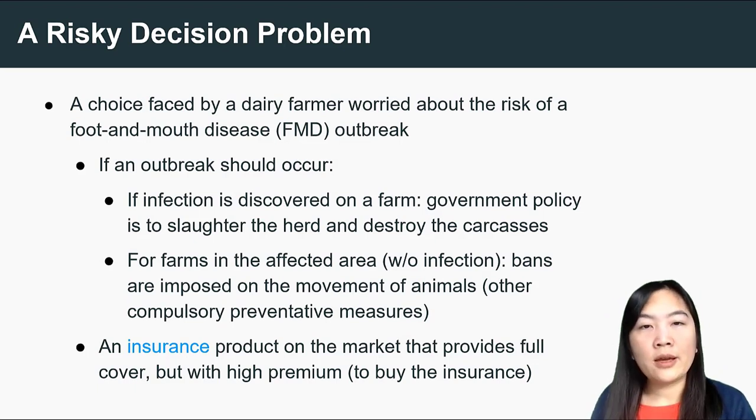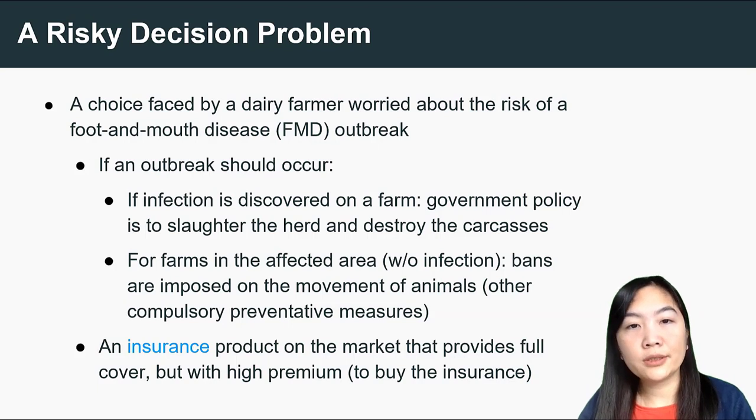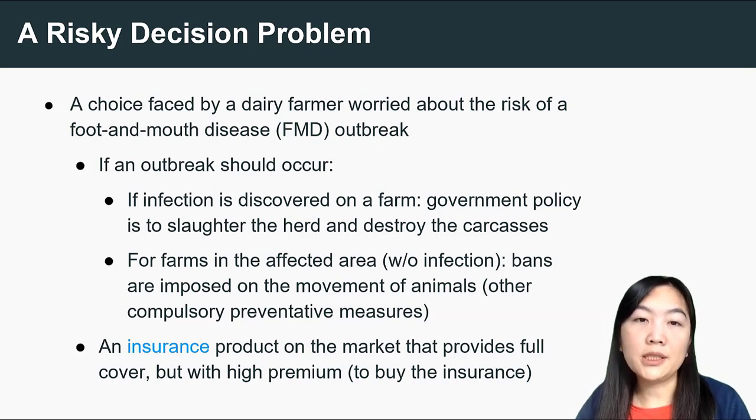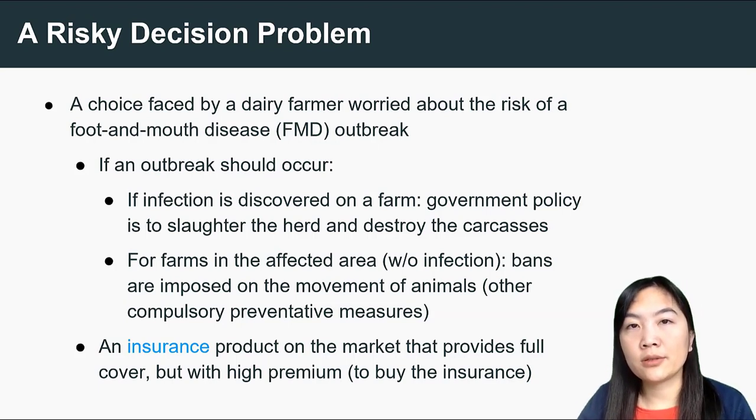And I do have an example here of a foot and mouth disease (FMD) outbreak, and a dairy farmer is worried about this risk. Depending on whether there's an outbreak or not, the decision maker has to make a decision whether to buy insurance.